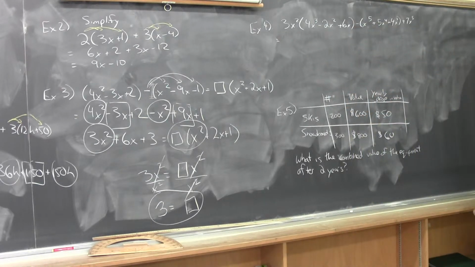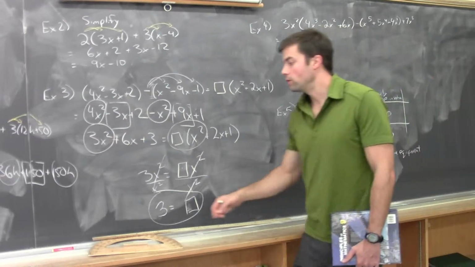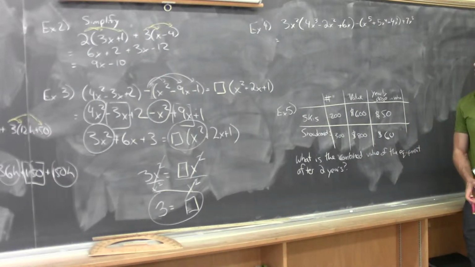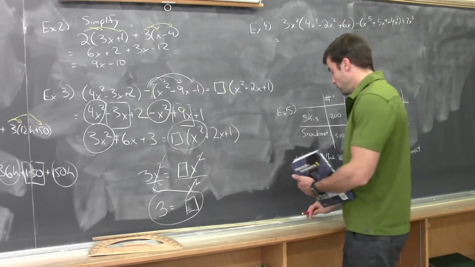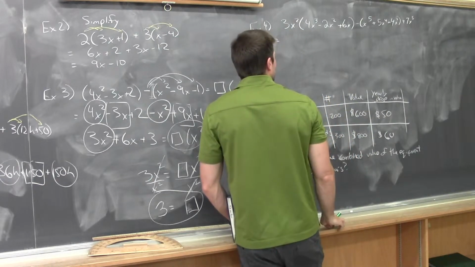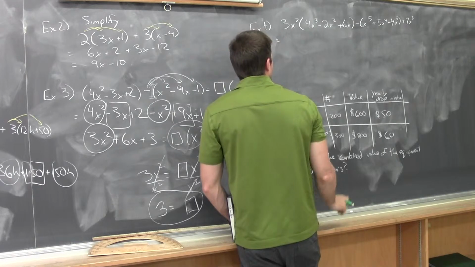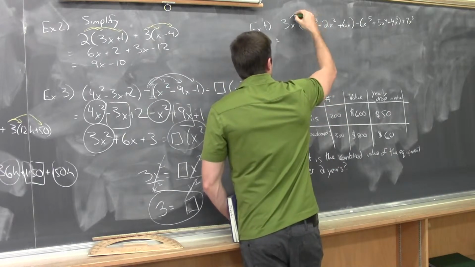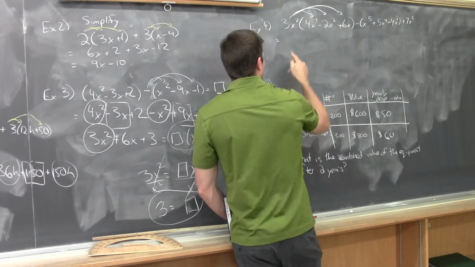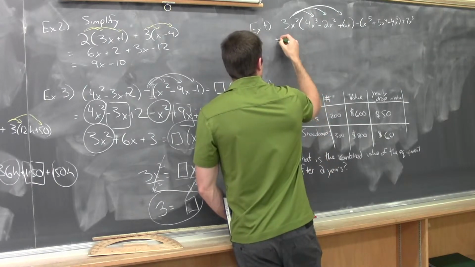This one is we're expanding and simplifying. So, Philippe, what do I do? What am I going to use? Distributive property. Good. Okay, so do you want to just read it out to me? So 3x. No? You're going to skip that middle step? Okay, so what is it? 3 times 4? 12.